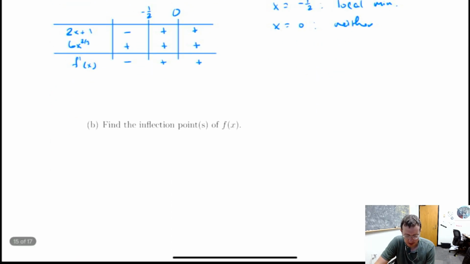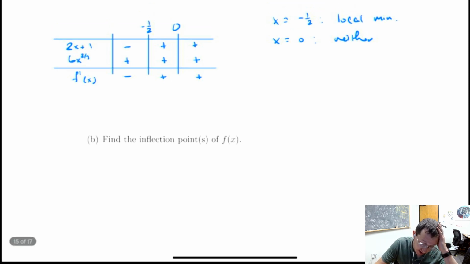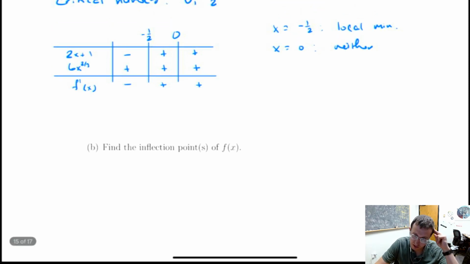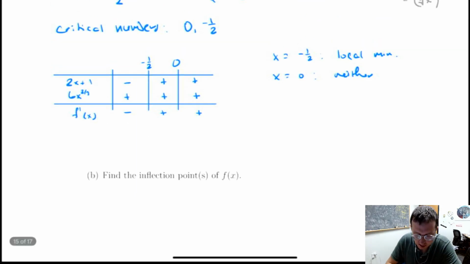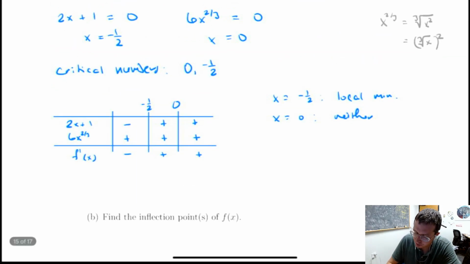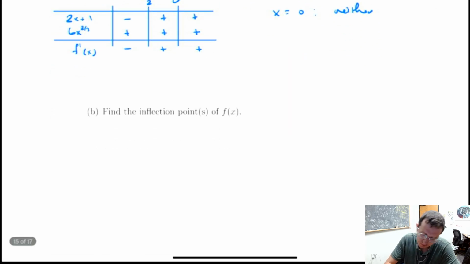Inflection points. So inflection points happen where the second derivative changes sign. So the function goes from being concave up to concave down, or vice versa. It's not just a point where the second derivative is 0, the same way that local minima and maxima don't always occur at every point where the first derivative is 0.